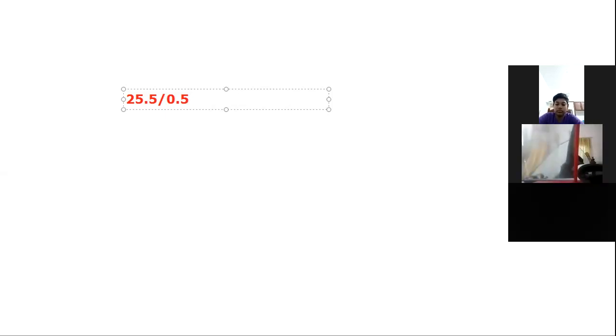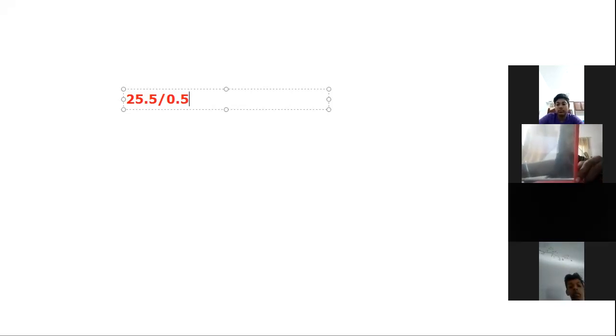Change all of them to fractions. Okay. In this case, how many digits are there after the decimal point in both the numerator and the denominator? Only one digit after the decimal point in each.